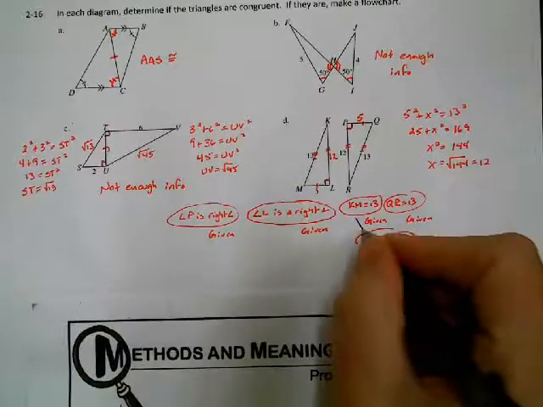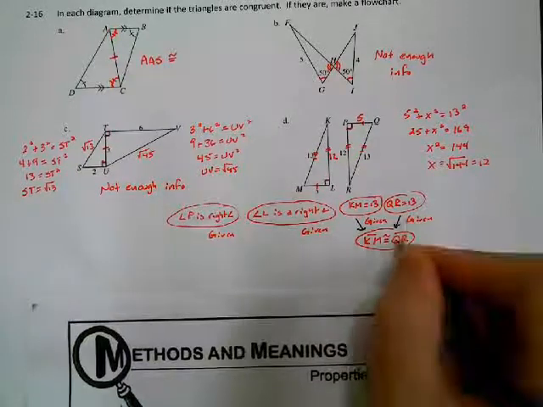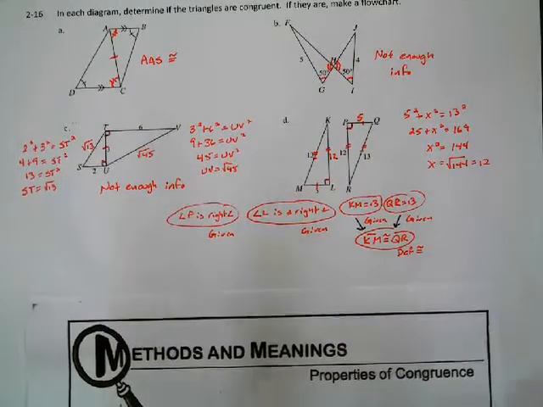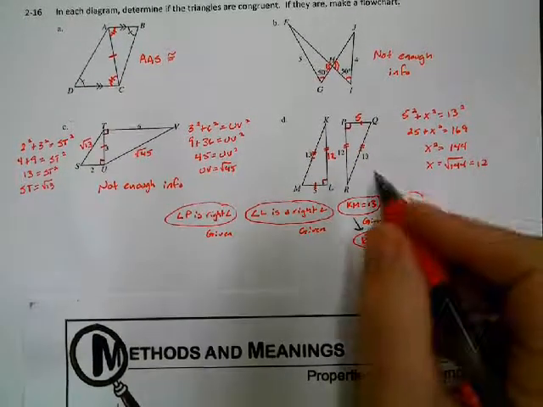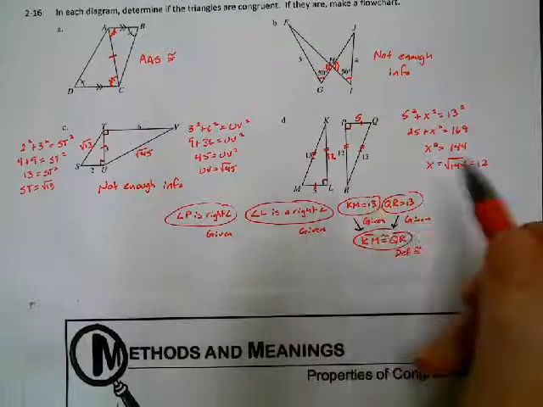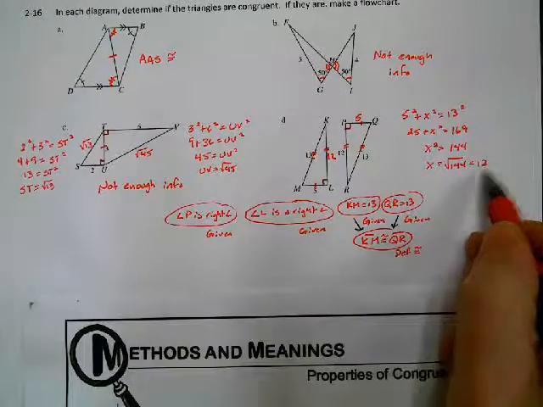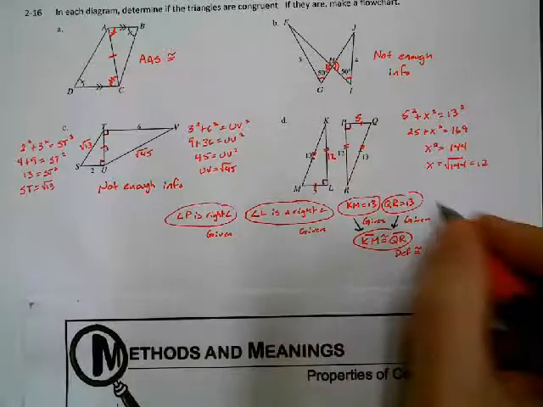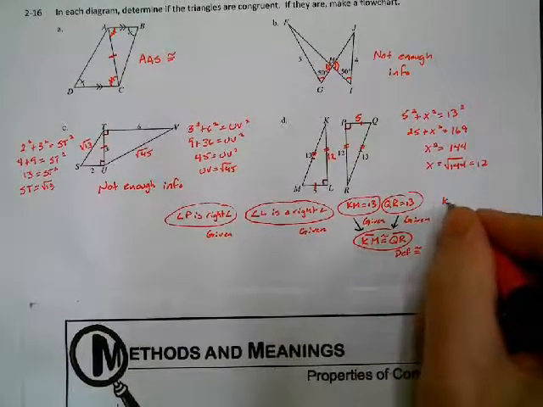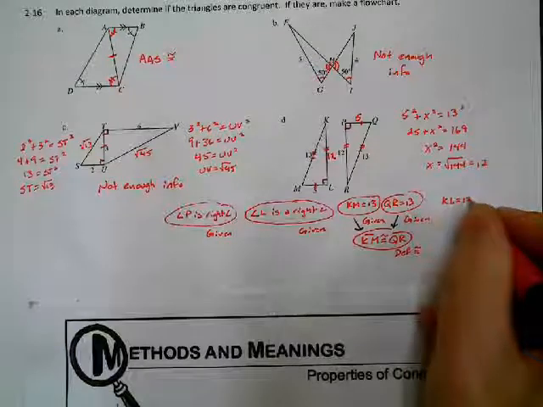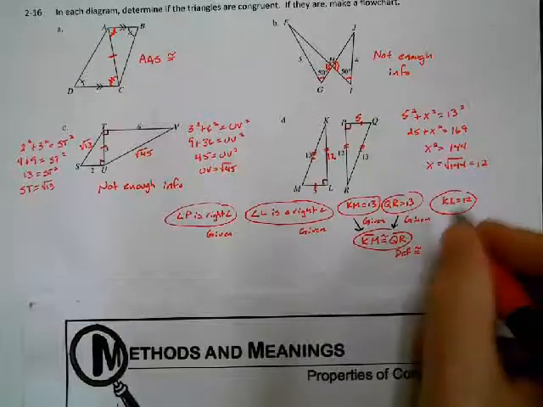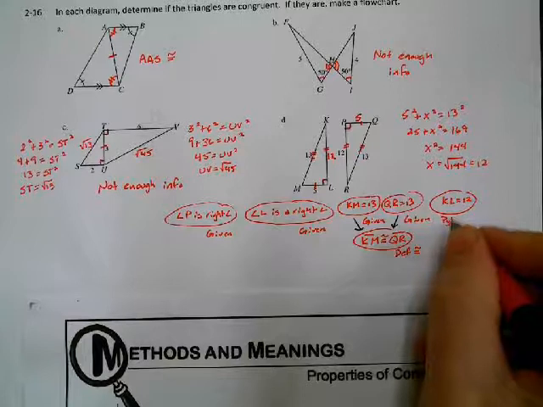Lastly, I'm going to say that, where am I at? Oh, I proved over here with the Pythagorean theorem that KL was 12. So I'm going to say that KL is 12. And that is the Pythagorean theorem. Wow, I'm really writing small today.